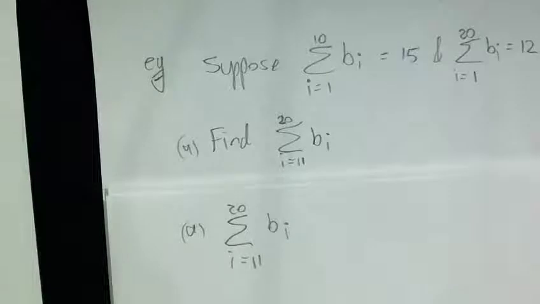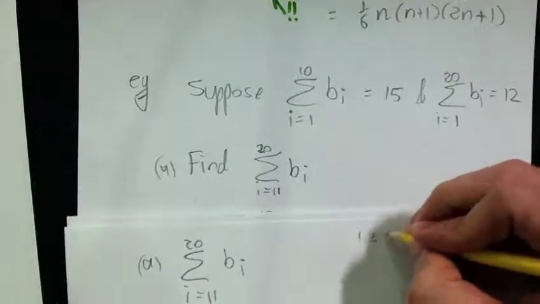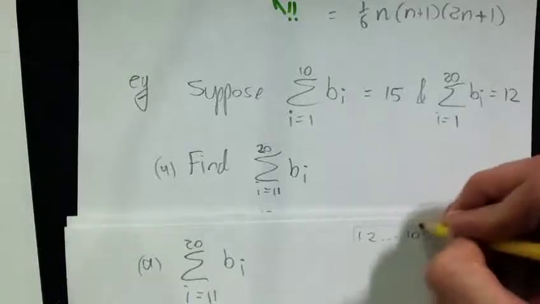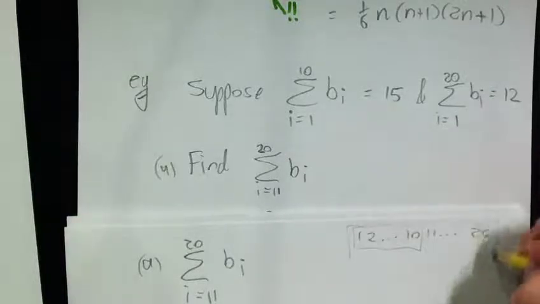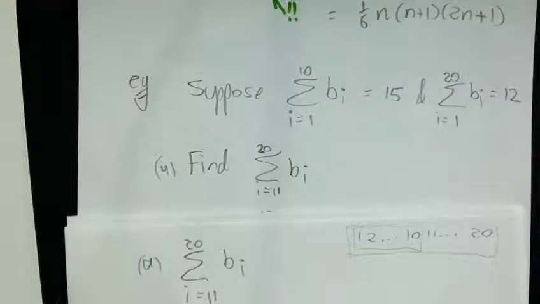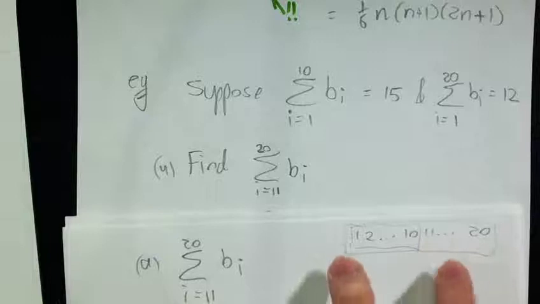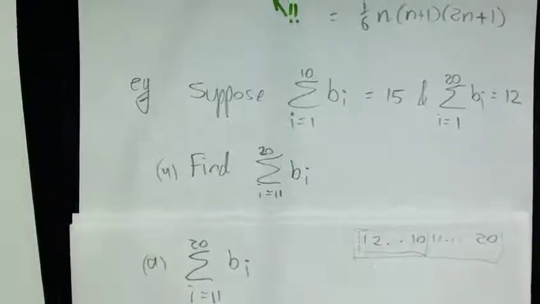I know what it is from 1 to 10, and I know what it is from 1 to 20. So I literally am imagining this in my head. 1, 2, 10, 11, 20. I know what this bit is, and I know what this bit is. So I want to know what this bit is from 11 to 20, so I'll go this minus that, and that should give me what I want.